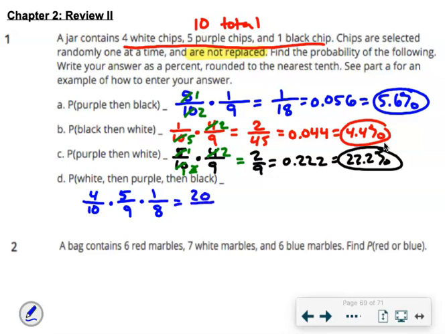On the bottom, 10 times 9 times 8, that's 720. So that's if I don't reduce and just multiply across. That reduces all the way down to 1/36. As a decimal, that's 0.028. We have 27777, so that's going to round up to 2.8, which is 2.8%.